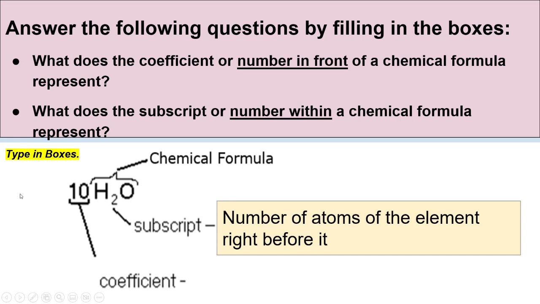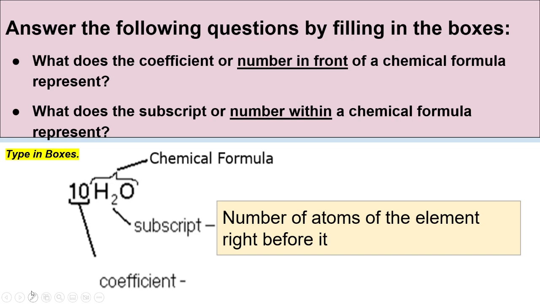So for the subscript, go ahead and write this down. If you're not already there, this starts on the back of the first page. This is the number of atoms of the element right before it.